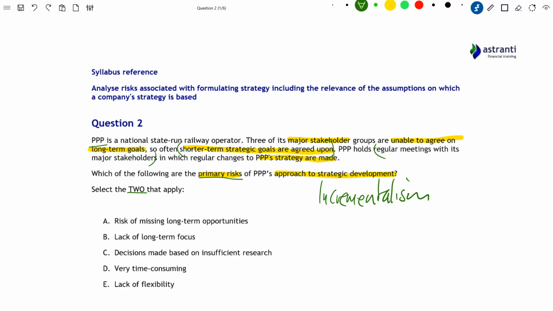So let's go to the options, and the first is risk of missing long-term opportunities. Well, we know, don't we, that using incrementalism there is a short-term focus.